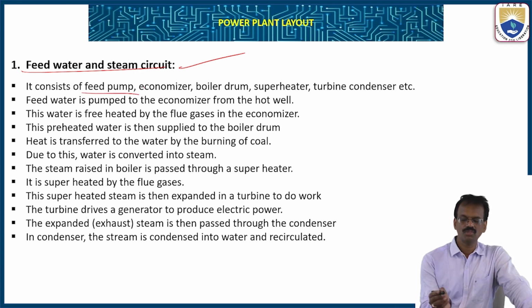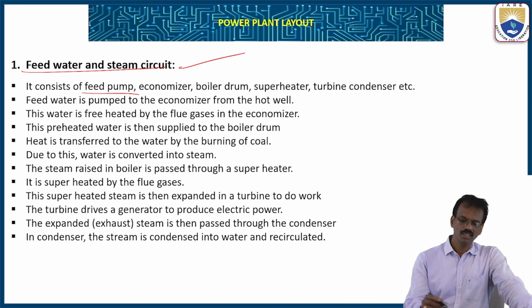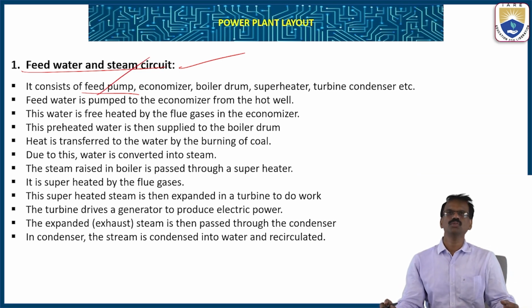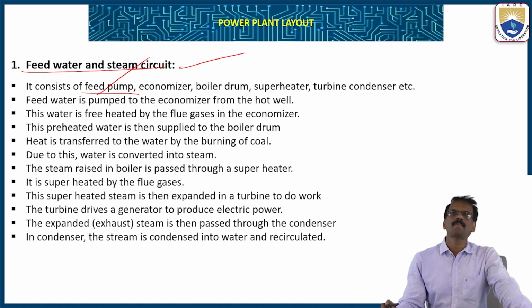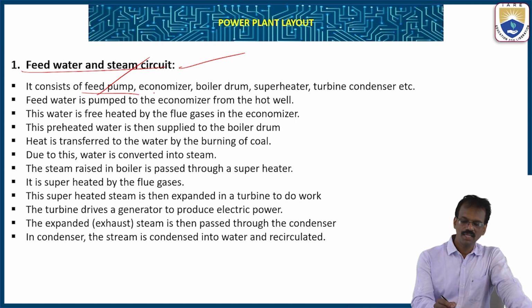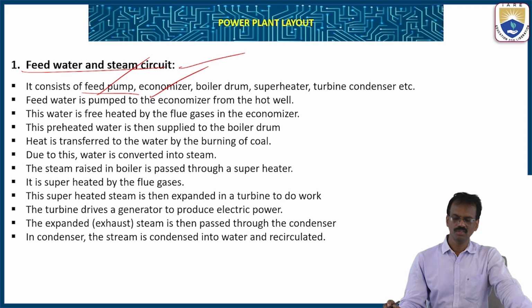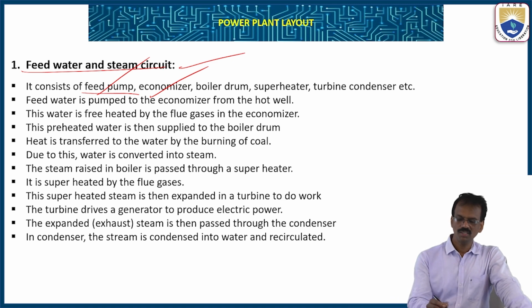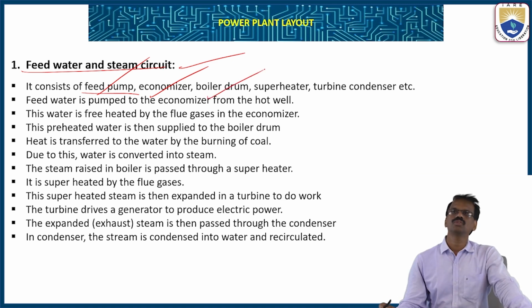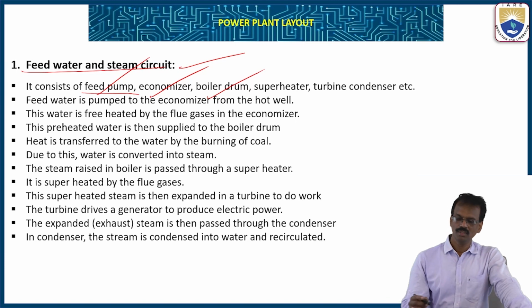One is that it consists of a feed pump, so that is feeding of water into the boiler. It has an economizer, for enhancing the heat. Next one is the boiler drum, a very important part.